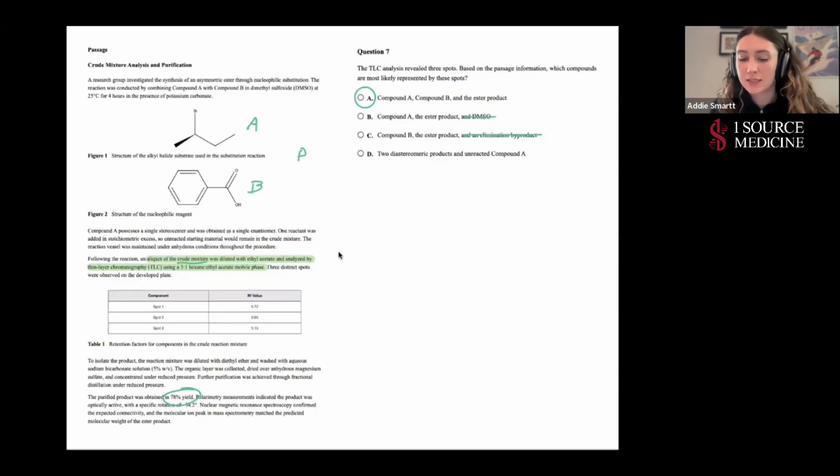And then D, two diastereomeric products and an unreacted compound A. First of all, our product is optically active, so I would assume we don't have a racemic mixture, but I don't think we would get diastereomers either. If anything, we'd get enantiomers, but even that's not the case because our product is optically active. There's not really a possibility to have diastereomers with respect to the product. So that's how I would pick answer choice A.